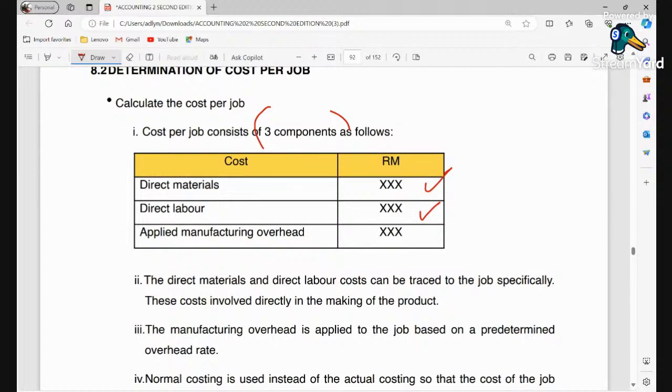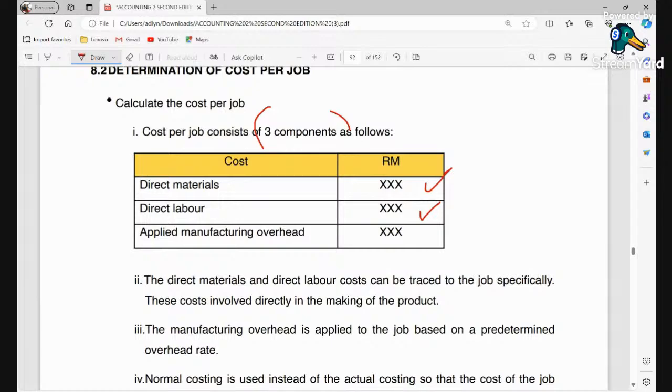So what we use here is applied manufacturing overhead. In this topic, you still need to know how to calculate your POR, then calculate your applied manufacturing overhead, and then the final process is to compare it with the actual manufacturing overhead to see whether your costing is over applied or under applied.